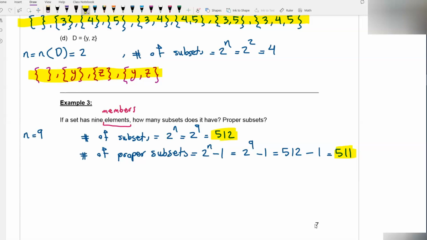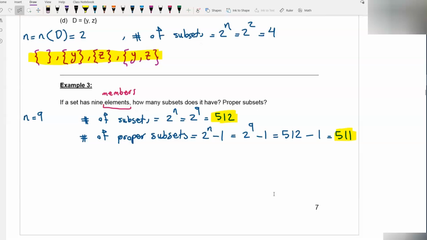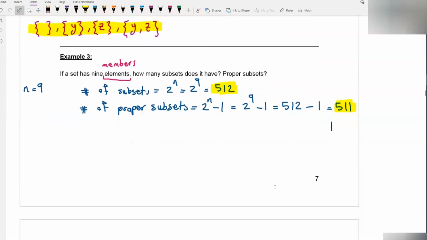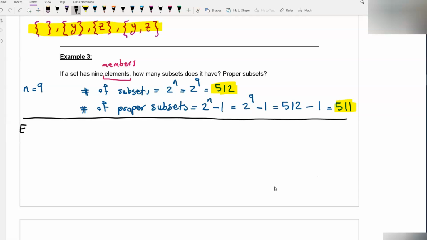It didn't ask to list these, but let's work on another example. I'm going to add one more here to practice for this part. For example, let's have A equal to 3, 5, 6.